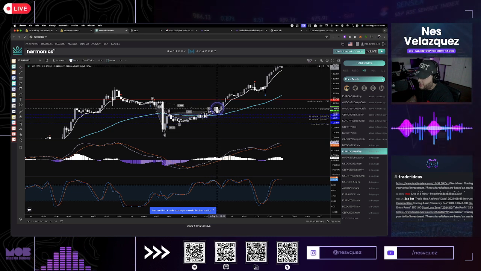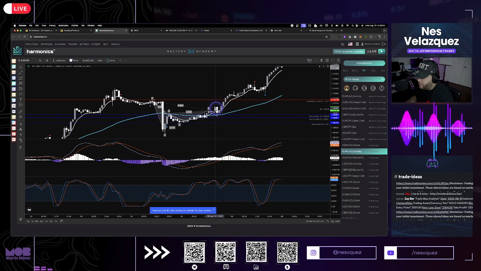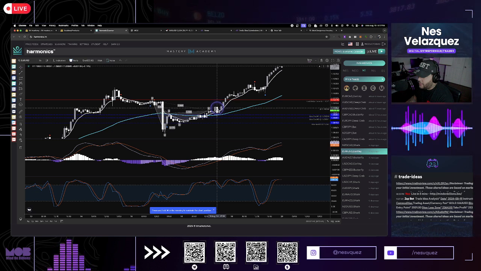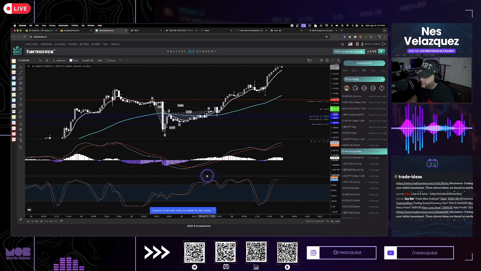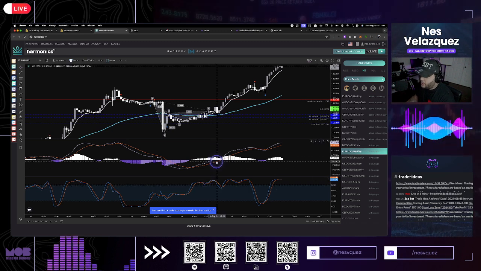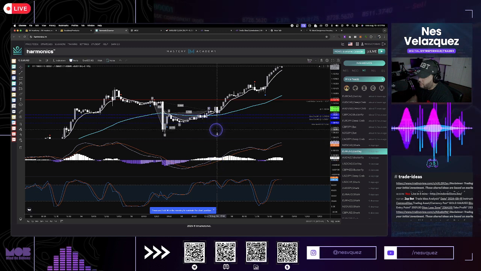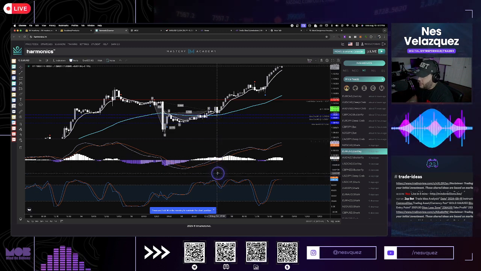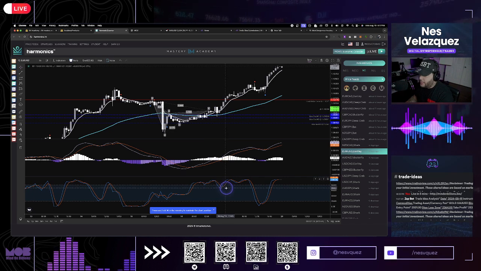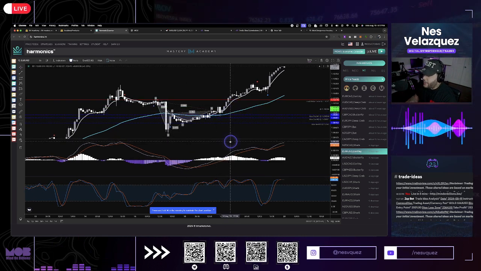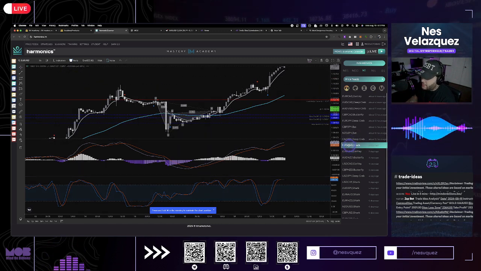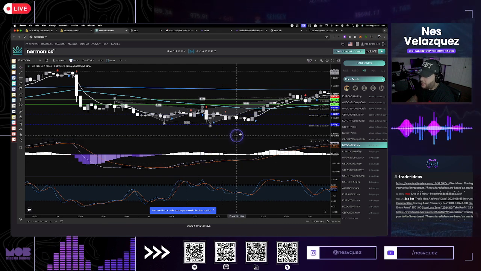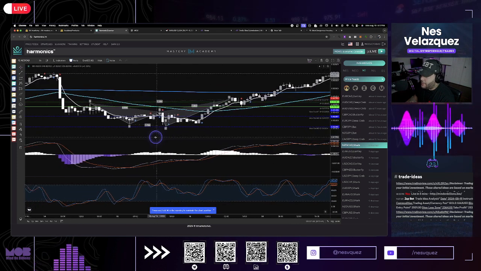So right when it got to this point right over here at the entry price, all right, we can see, okay, right over here, as this bad boy over here was going down, all right, the MACD was showing some divergence over here, and we did get a cross over here, all right, and that was a quick snipe right there, very quick snipe. Now we can look at some other patterns and see what's going on. Okay, peep this pattern.